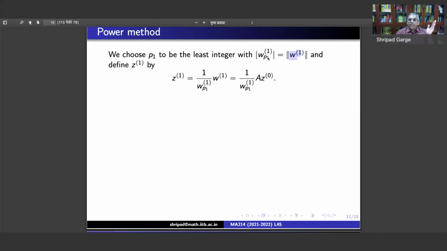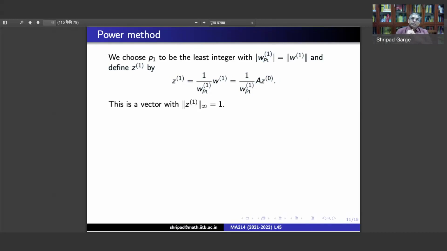So you have taken that particular component whose modulus is biggest in the vector w1, and you have divided by that. So after having divided by that, the maximum value of the divided vector is now equal to 1, and therefore you have this vector z1, which is of infinity norm 1. Okay, so we will then repeat the process for this z1 and continue.